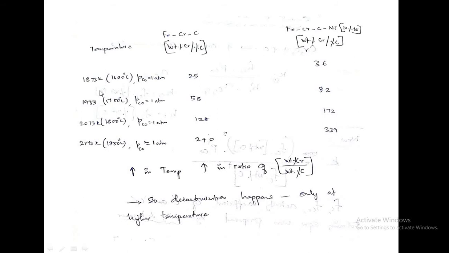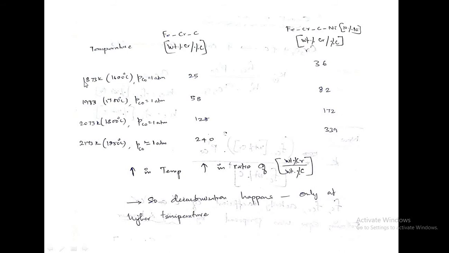So when the temperature is increasing, you can see the value of this ratio for iron-chromium-carbon and iron-chromium-carbon-nickel, right? The ratio is increasing: 25, 58, 128, 240, for 1 atmosphere pressure of carbon monoxide.